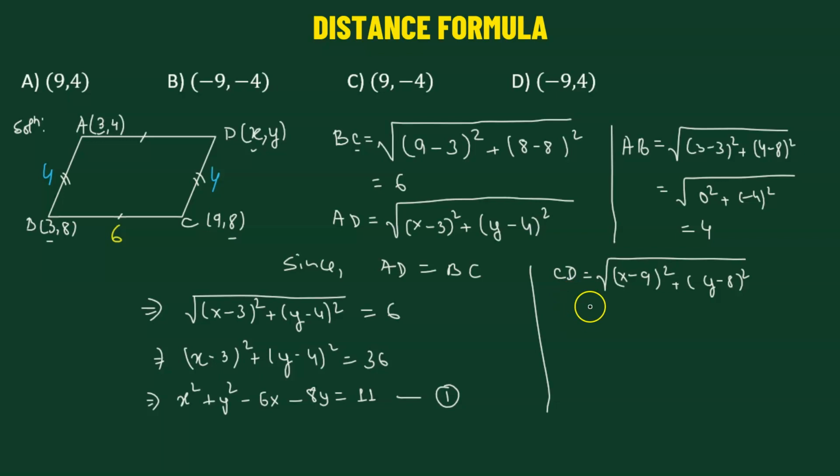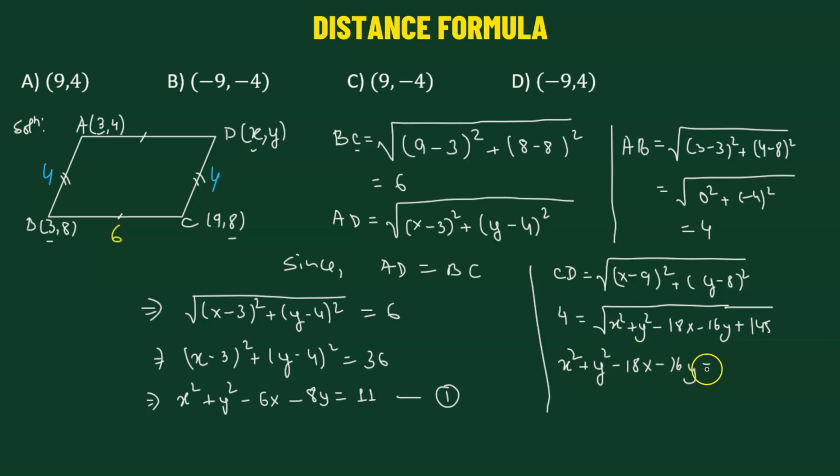Since CD equals 4, we have 4 equals the square root of x squared plus y squared minus 18x minus 16y plus, we have 81 plus 64, that's going to be 145. We square both sides and rewrite the terms to get x squared plus y squared minus 18x minus 16y equals minus 129. So let this be equation number 2.